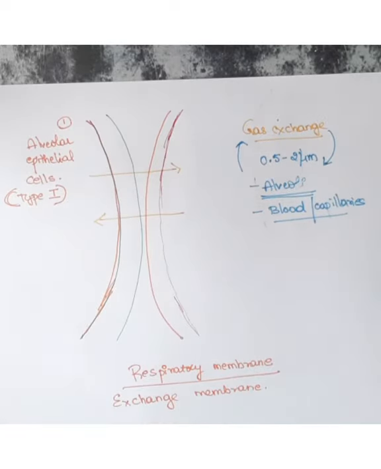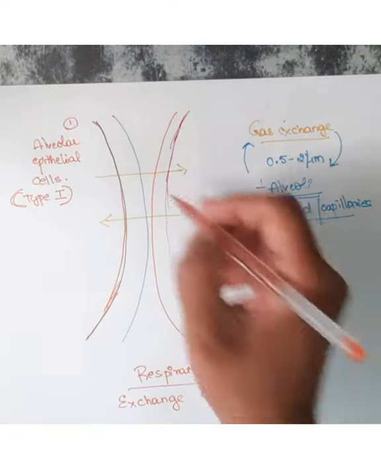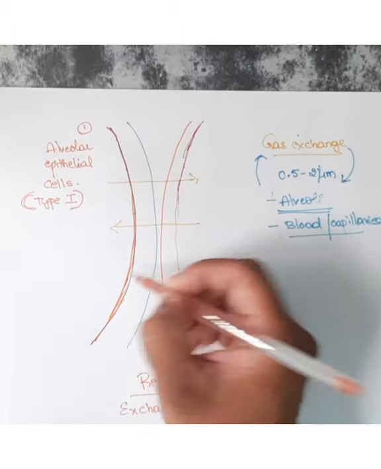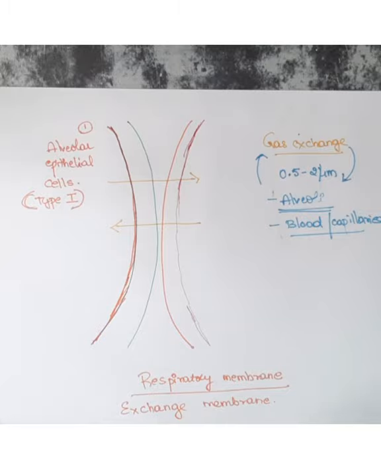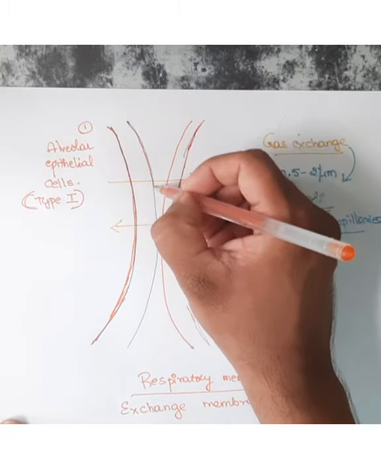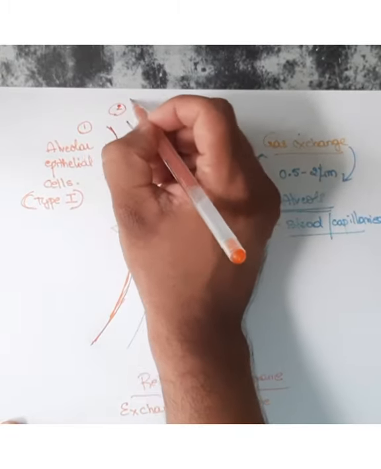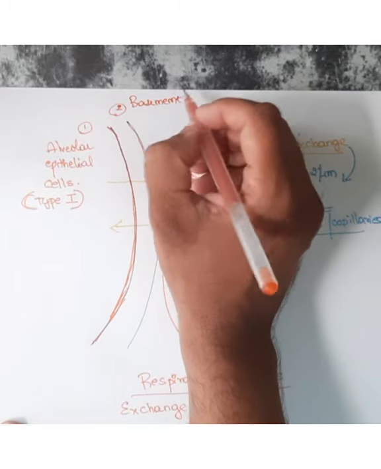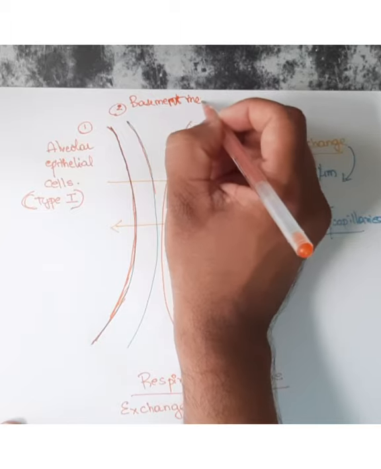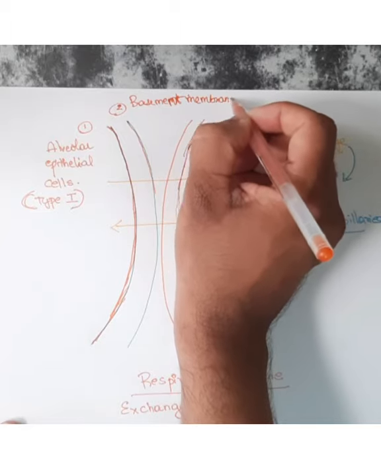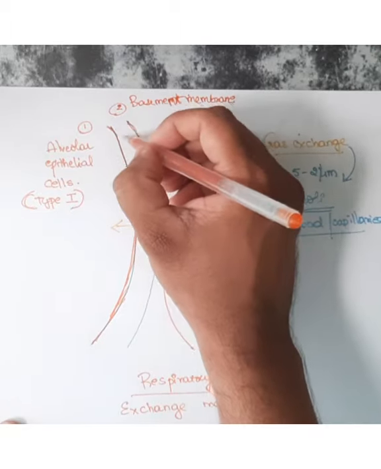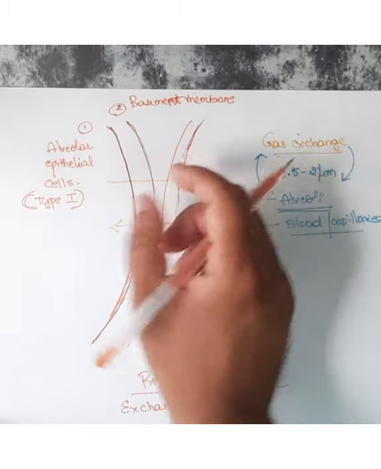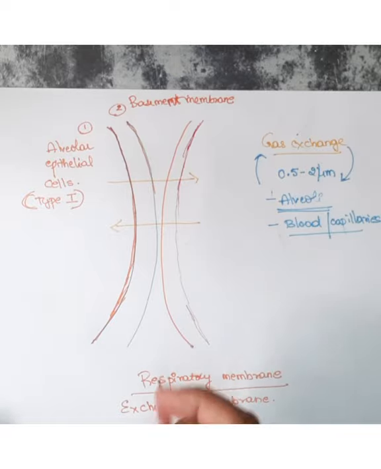Type 2 is involved in the production of surfactant. So the type 1 alveolar cell is the first layer. And we do have the second layer, which is the basement membrane of the epithelial cell. Anyway, they are close to each other, but only for the diagrammatic explanation it is being enlarged.